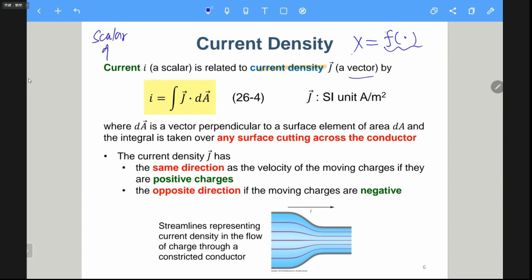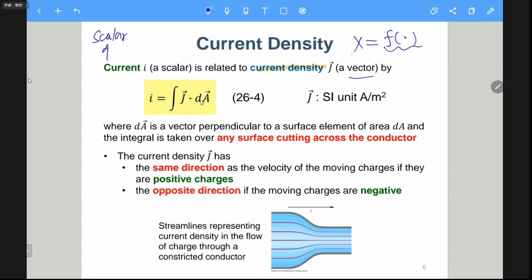So to define it, you take a surface, which doesn't need to be closed, and do the surface integral of J dot dA, and then it gives the current through that surface.